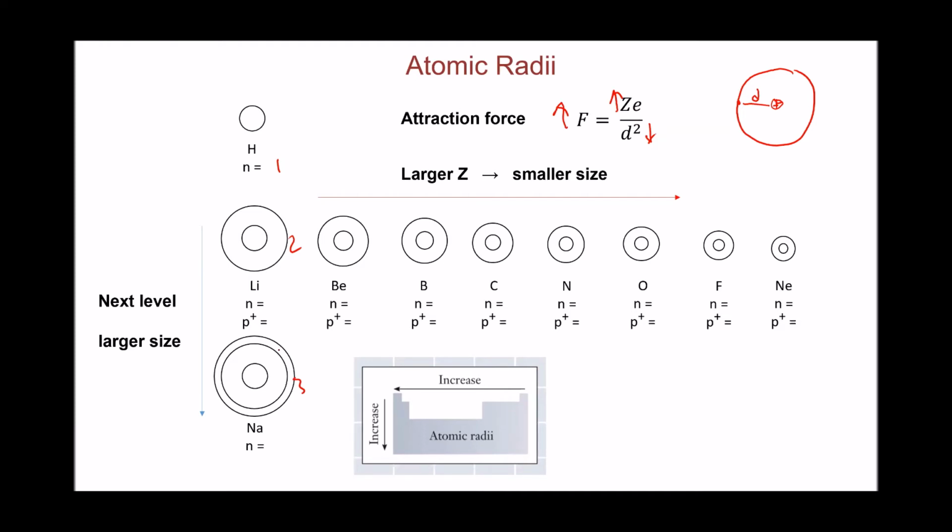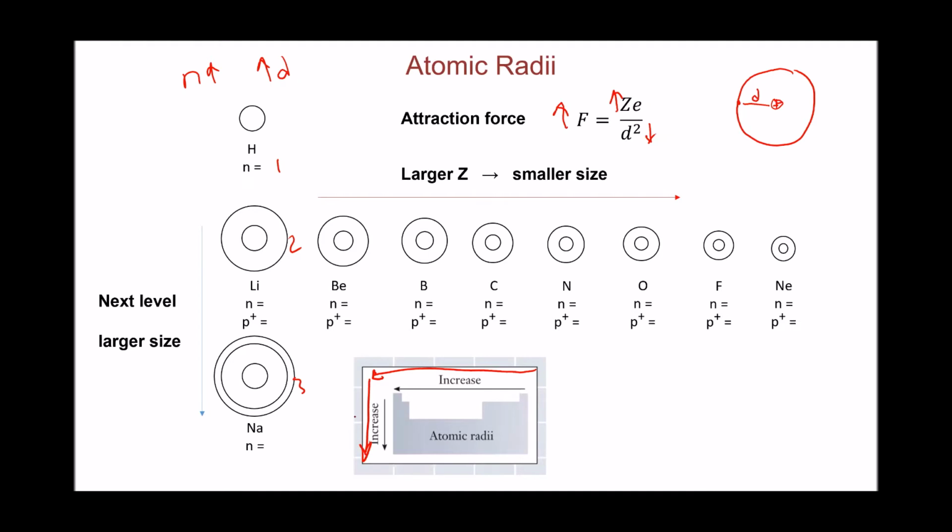And as we learned during our discussion of the quantum model, a higher energy level means a higher distance from the nucleus, right? If you go from energy level 1 to energy level 2, that corresponds to a higher distance from the nucleus. So as you go downward through a group, you're actually increasing the size. So in general, the size increases from the right to the left and downwards.